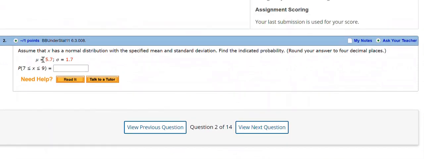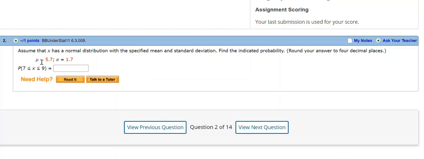It says assume that x has a normal distribution with a specified mean and standard deviation for the indicated probability. Round your answer to 4 decimal places. This is the probability that a value x lies in between 7 and 9, including 7 and 9, with a mean of 5.7 and a standard deviation of 1.7.